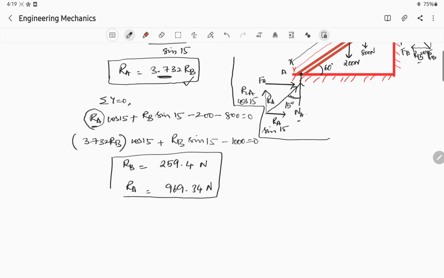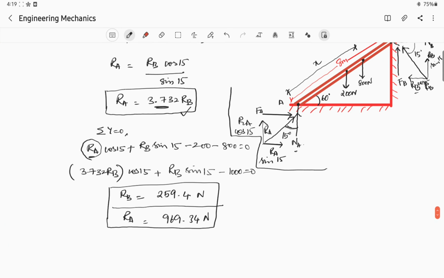These are the values of RA and RB, the resultant at A and the resultant at B. Now we got the values of RA and RB, but we need to calculate the distance of this 800 Newton force, isn't it?